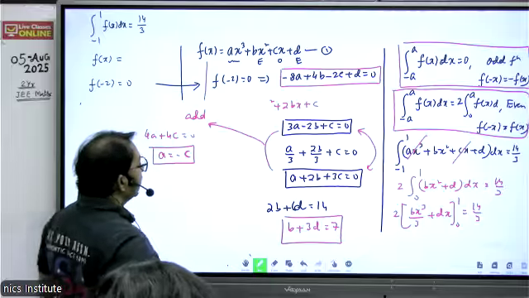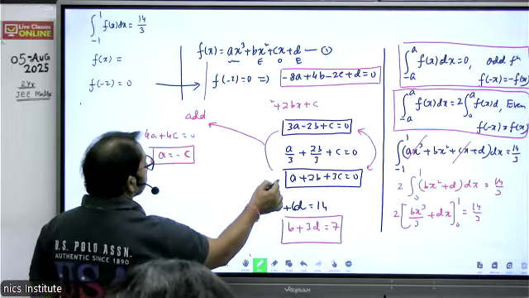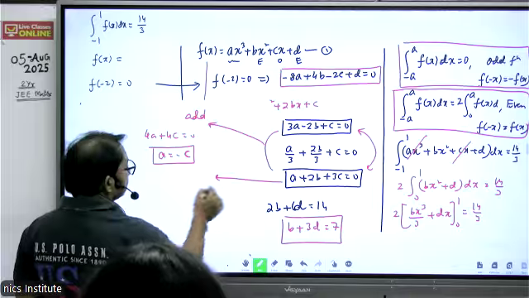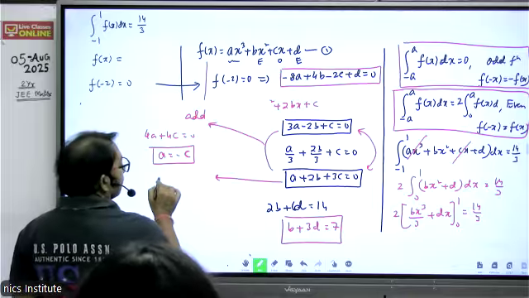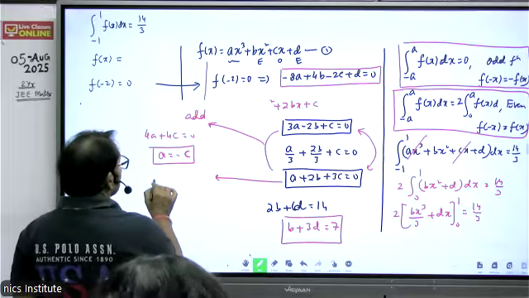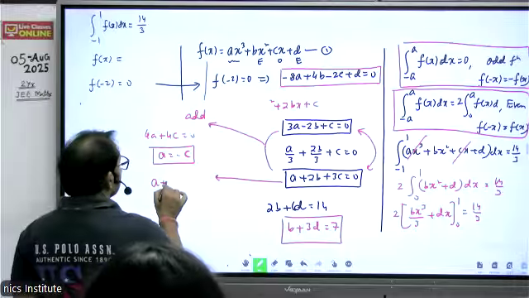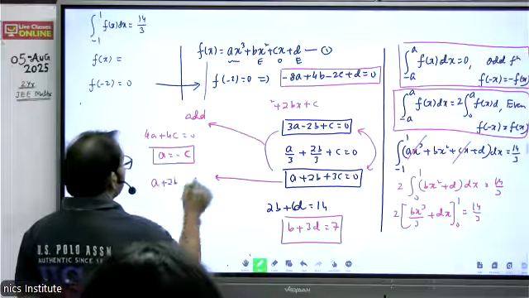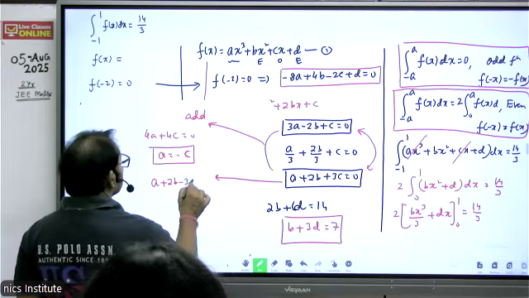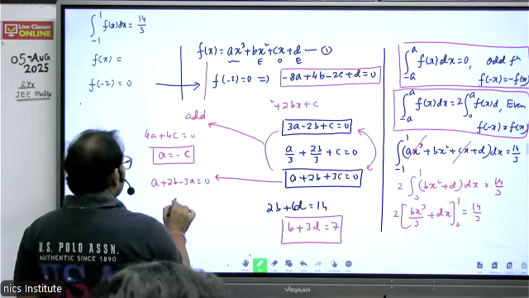So when you substitute a equal to minus c over here, a plus 2b, and c I can replace by minus a. So I get a is equal to b.